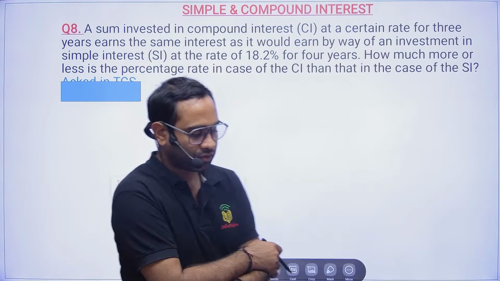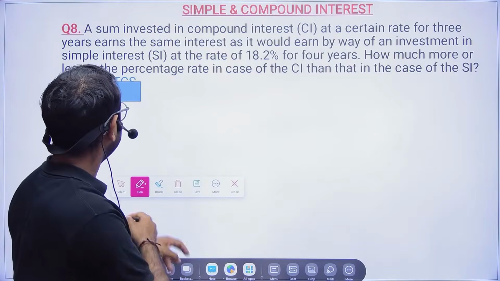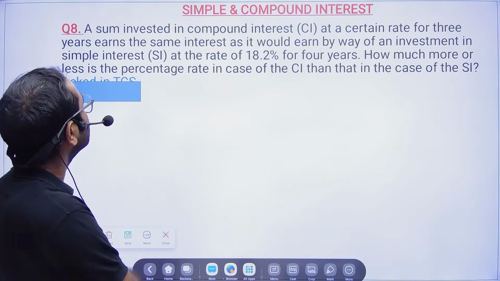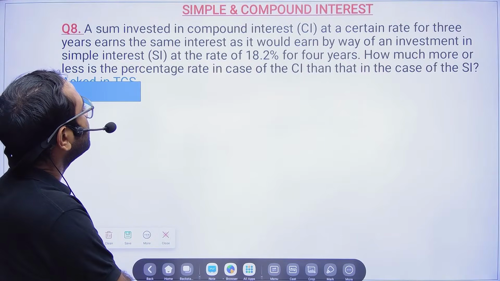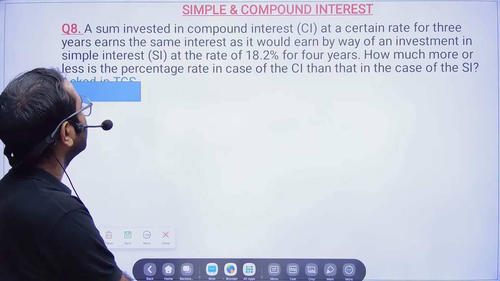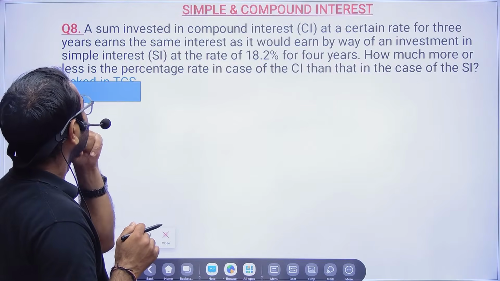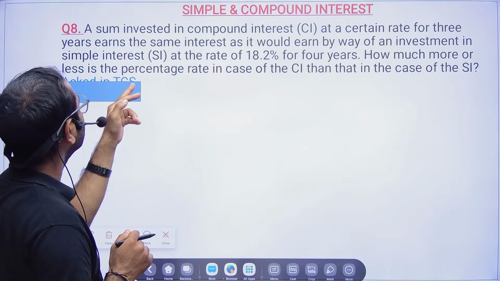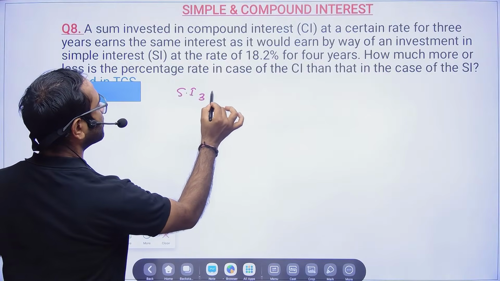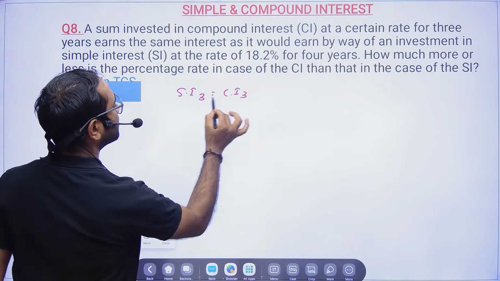Okay, let's see. So here, a sum invested in compound interest at a certain rate for 3 years earns the same interest as it would have earned by way of an investment in simple interest at the rate of... Now what they're telling: simple interest for 3 years and compound interest for 3 years is the same here.